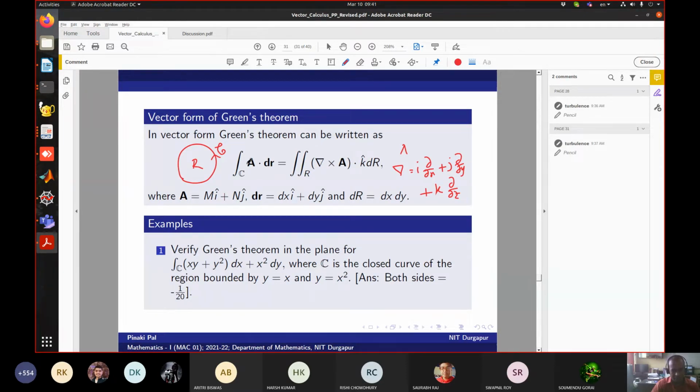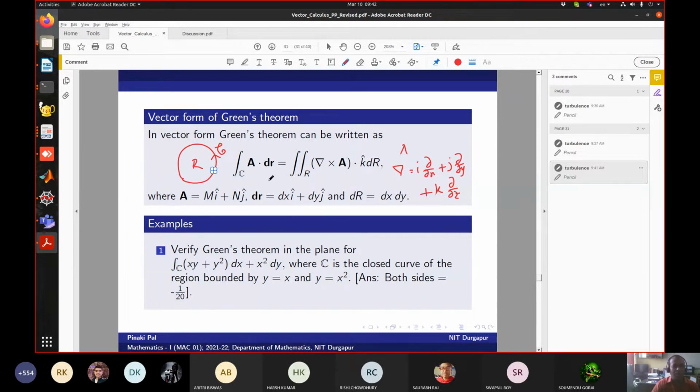This line integral A dot dr, for example, if A is the force field and dr is the infinitesimally small displacement, then this integral will represent the work done by the force field in moving a particle from a point on this closed curve, encircling the curve and coming back to this point. So the total work done by the force field is given by this integral.